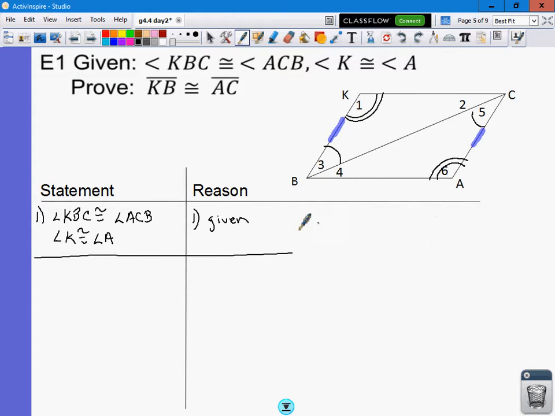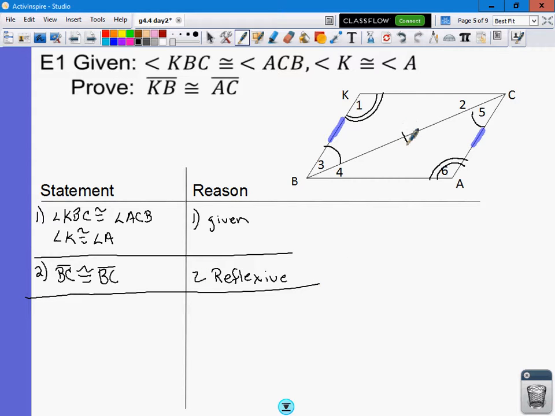What can we add in our statement and reasons? Jordan? Line BC is congruent to line BC. Very good. Because of what? Reflexive. And I'm going to go ahead and mark that as being congruent.